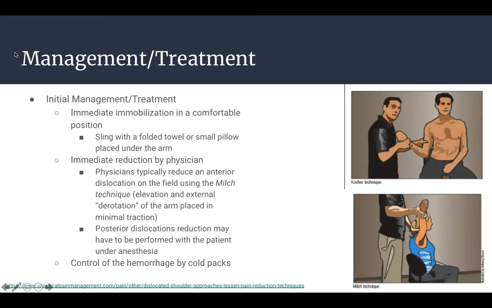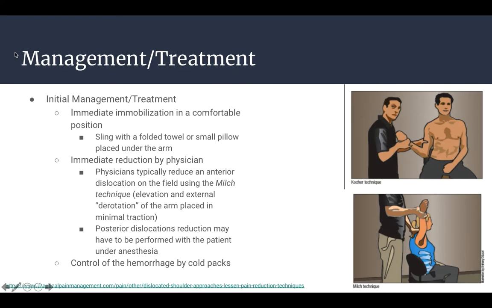The initial management and treatment for dislocation is immediate immobilization in a comfortable position. On the field, a lot of times you will see them use a shirt or a sling with a small folded towel or a small pillow placed underneath the arm. Following the immobilization in a comfortable position, there needs to be immediate reduction by a physician.